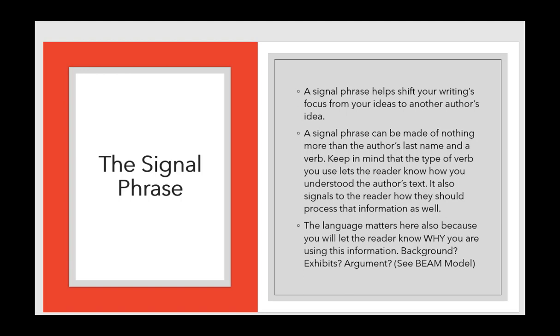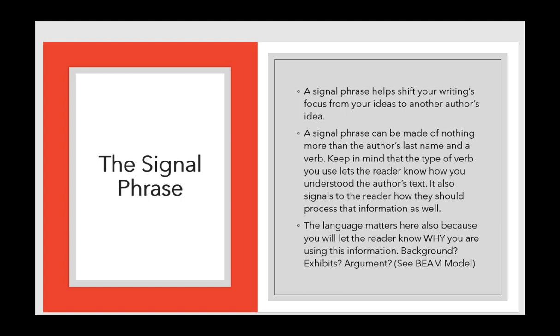If you are reading a text or about to incorporate a text that simply explains, which is different than argue, then you might say the author explains. So based off the kind of verb that you decide to use, that's how we're going to know how you understood the text and also how you're going to communicate to your reader what they should know about those texts or ideas.